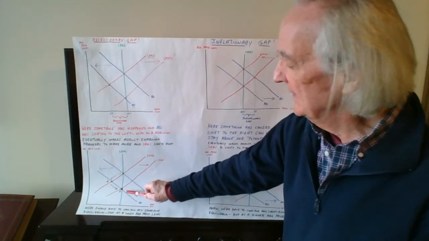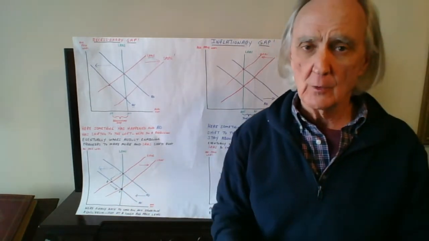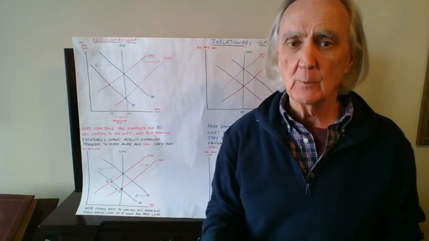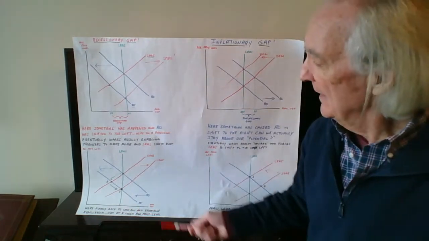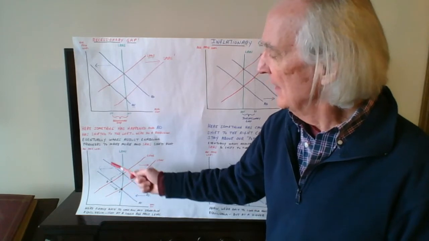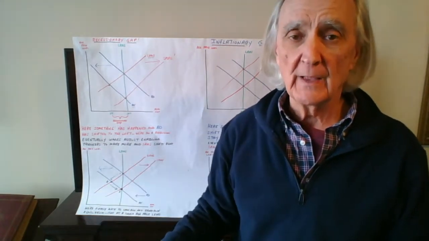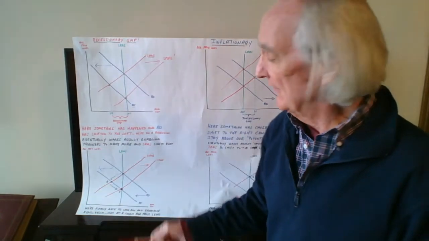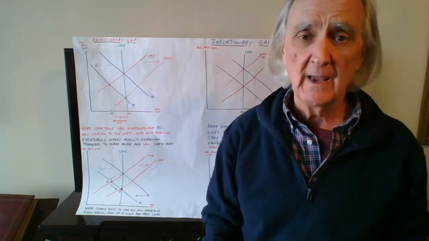Now again, here we are back to long run and short run equilibrium. Although, as you can see, we are at an aggregate price level that's quite a bit lower than the point that we started at. Okay?